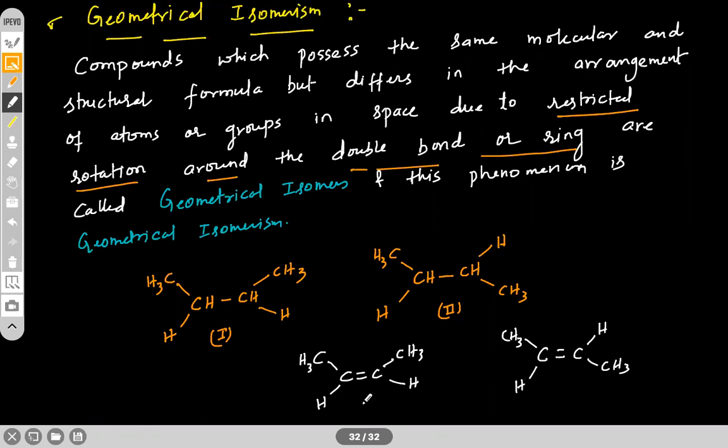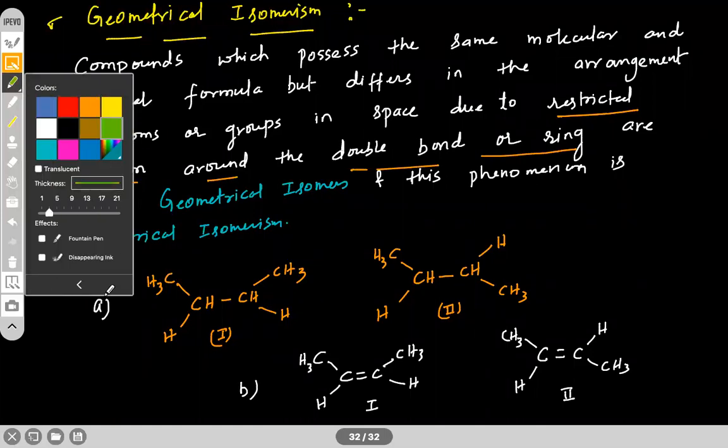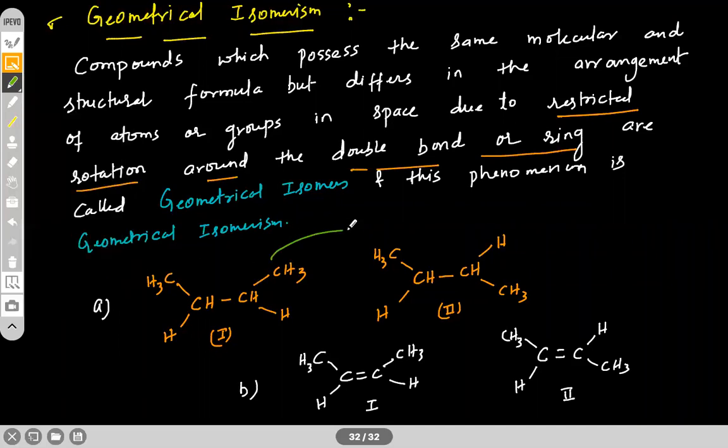These two structures: the first set of questions is this, the second one is this. If I ask you what is the difference in these two structures, are they same, are they different? If there is any difference, what is the difference?